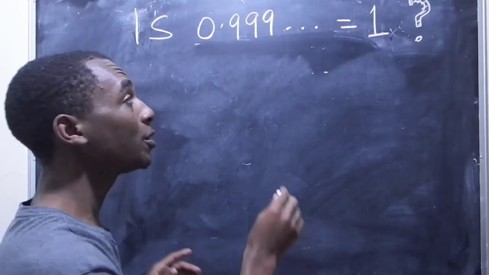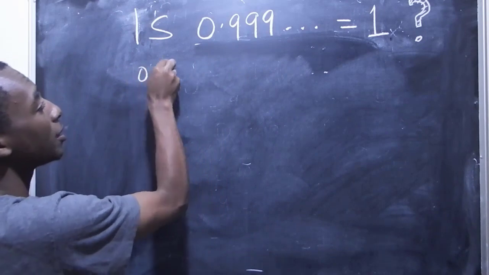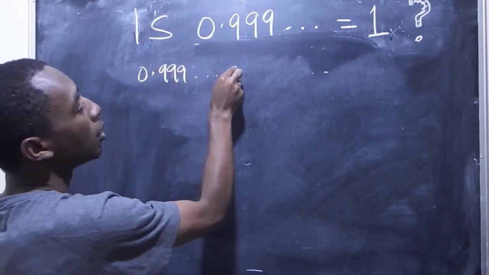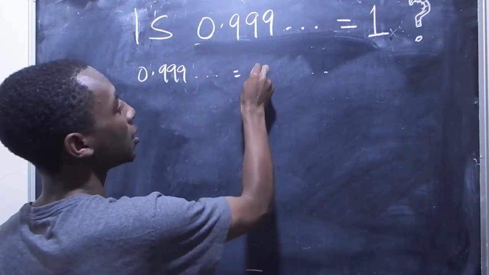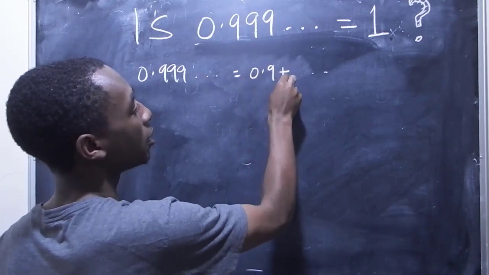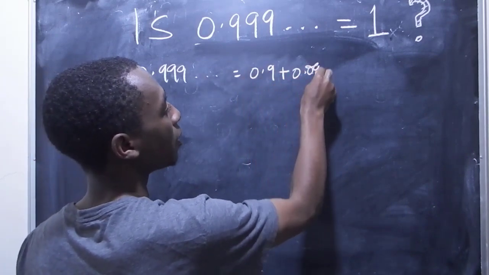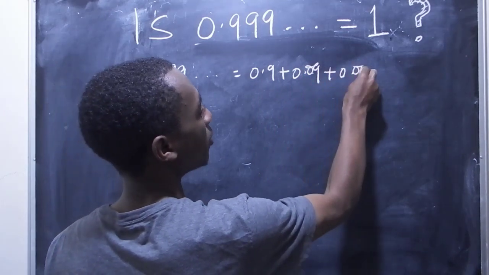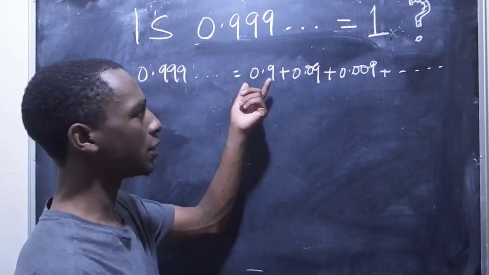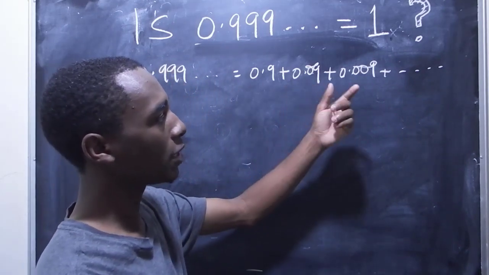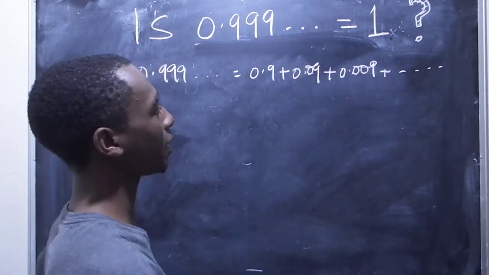For the second approach, I'm going to get this number here and write it as a sum. So I'll write this as 0.9 plus 0.09 plus 0.009 and so on. You get the trend, just like that.